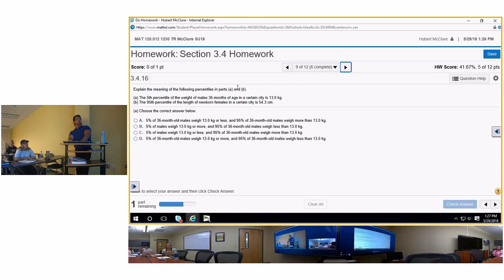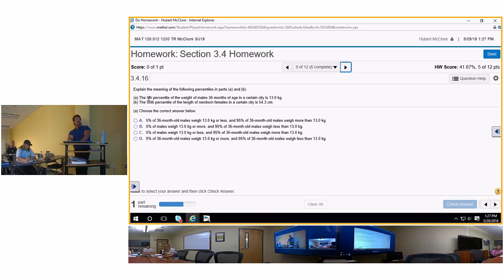There's the question I would put on the test right there. The 5th percentile of weights of males, 36 months of age, in a certain city is 13 grams. This is the kind of question I would give you, 3.416. So make a note of that one. I'm not going to do it because we just did it. So the 95th percentile of length of newborn babies in a certain city is 54.3. And then explain both of those.